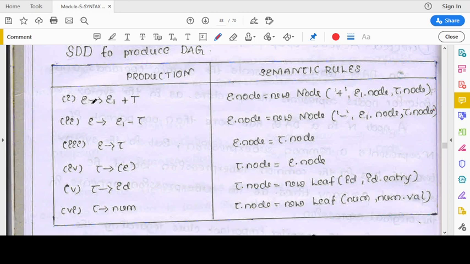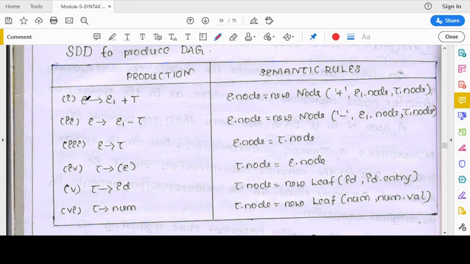So E dot node is equal to E1 dot node. So here the plus is the operator, the plus is the node, the left child of plus is E1, and the right child is T. Basically this E and E1 are both the same. In order to differentiate between them, I have made it E1. You can use any remark like star or any other thing.